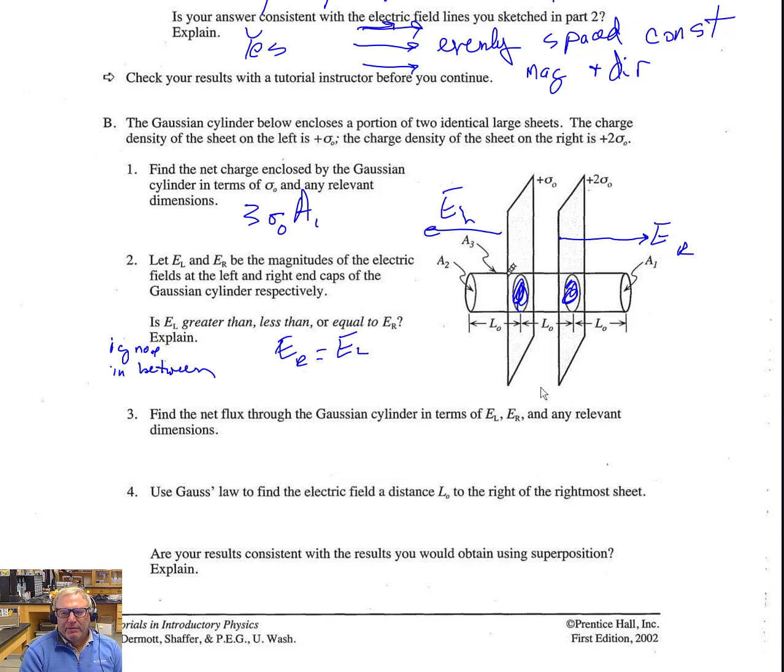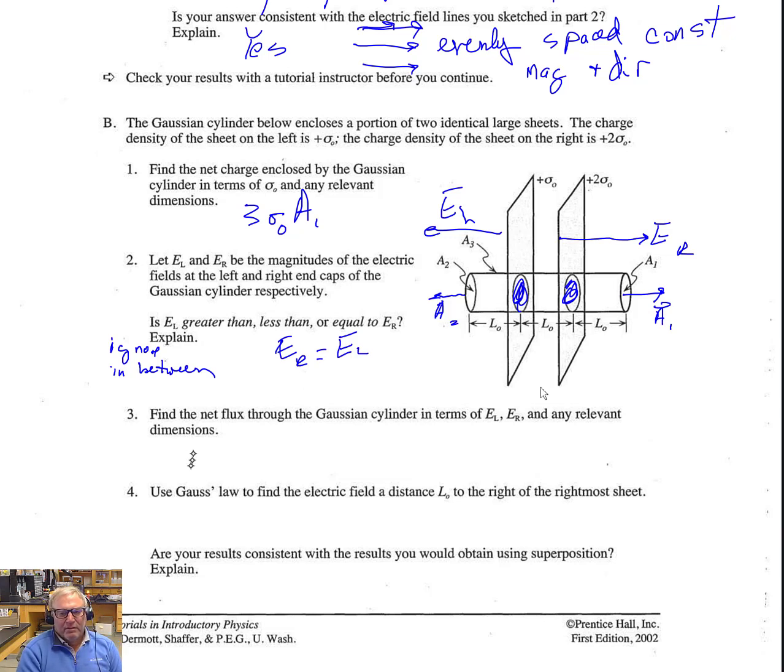And don't forget the A vector is pointed like this, and this A vector is pointed like that. So they're always parallel to the E vector. A vector and E vector, the flux lines and the vector, yeah. Find the net flux through the Gaussian surface.